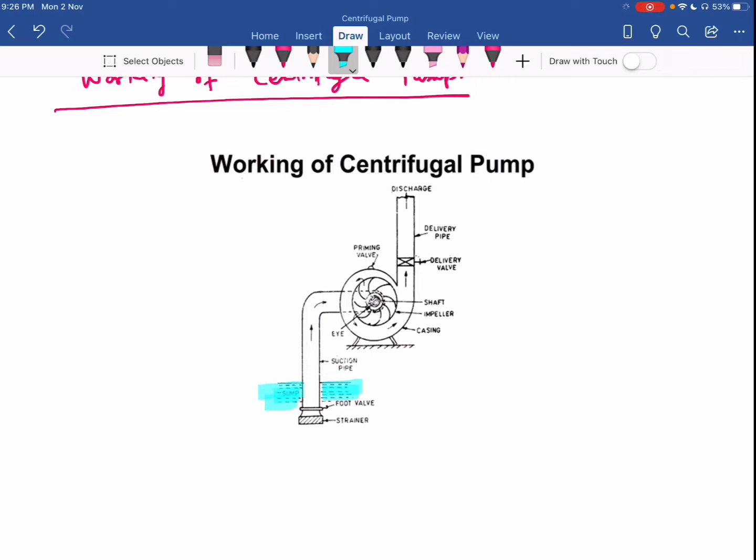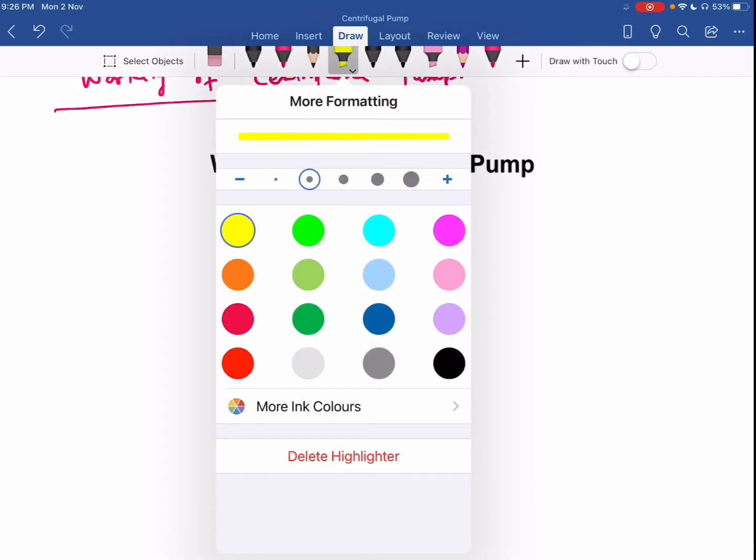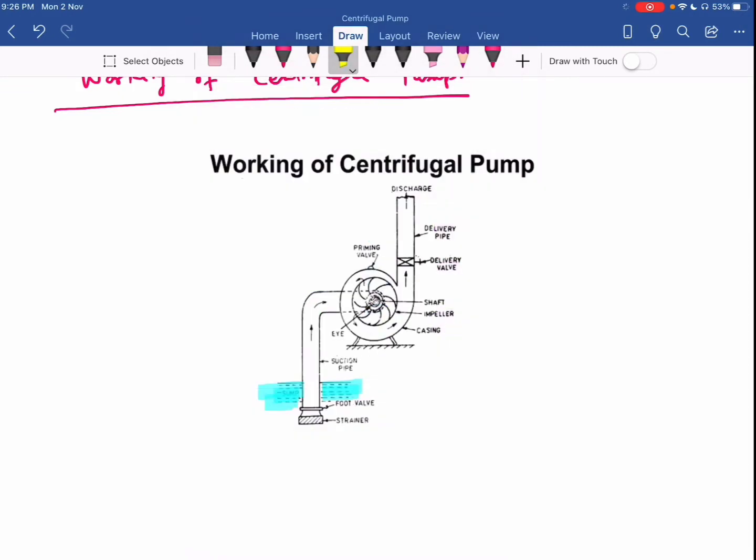So that I call as sump. Okay. Now in the sump, I have two components. One is the strainer, and second one is the foot valve. Strainer and foot valve, they are connected at the bottom of a pipe, and the pipe is called the suction pipe.